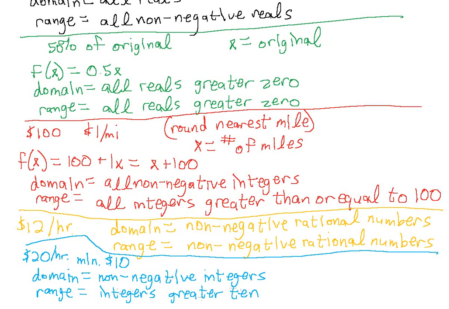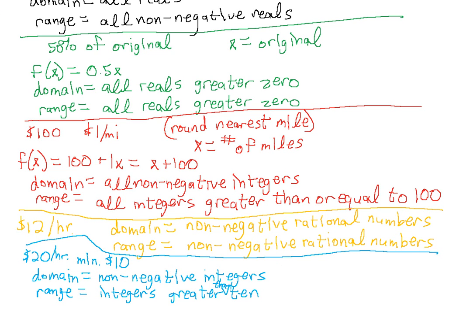So he can make $10, but the amount he's going to charge somebody is going to be at least $10. So that's the minimum charge. And he's not going to charge somebody for half a lawn because, like we said, he's not going to mow half a lawn. So it's going to be the set of all integers greater than 10.